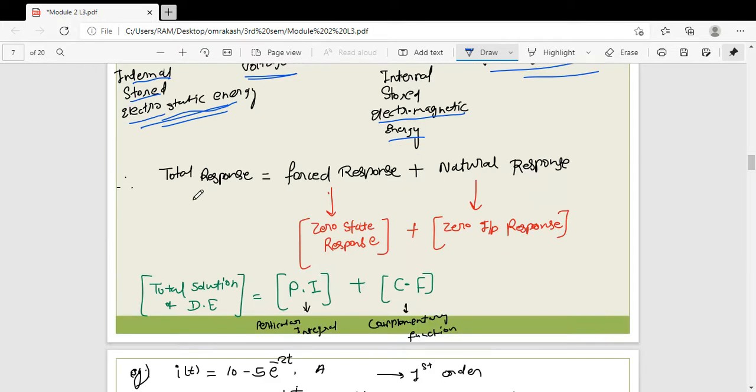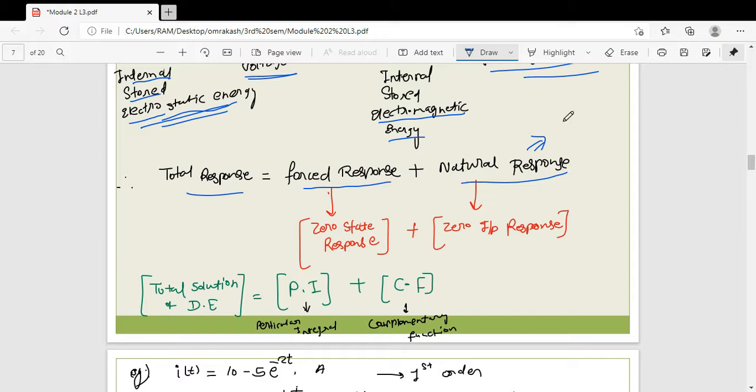Now see the total response. One is the natural response and another is the steady state response. It is also defined as the forced response and the natural response. Natural response means zero input response, and this is the zero state response. You can also define it in mathematical terms: it is the PI, particular integral form, and this is the complementary form.